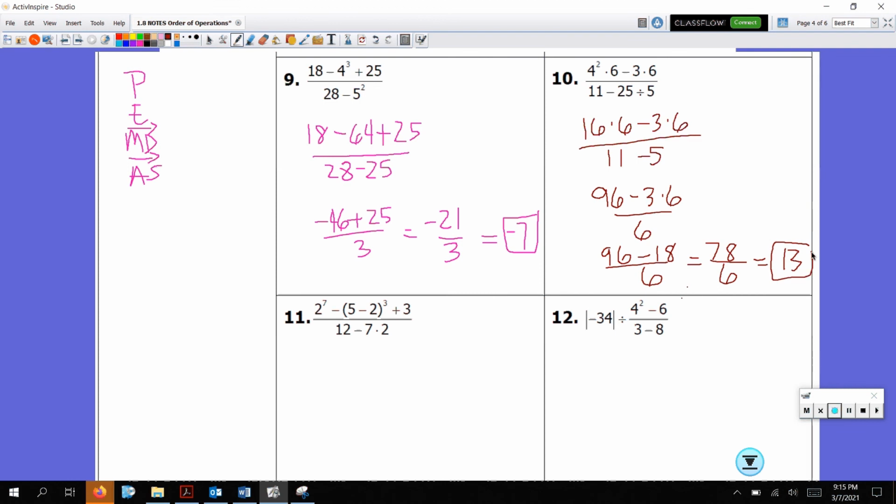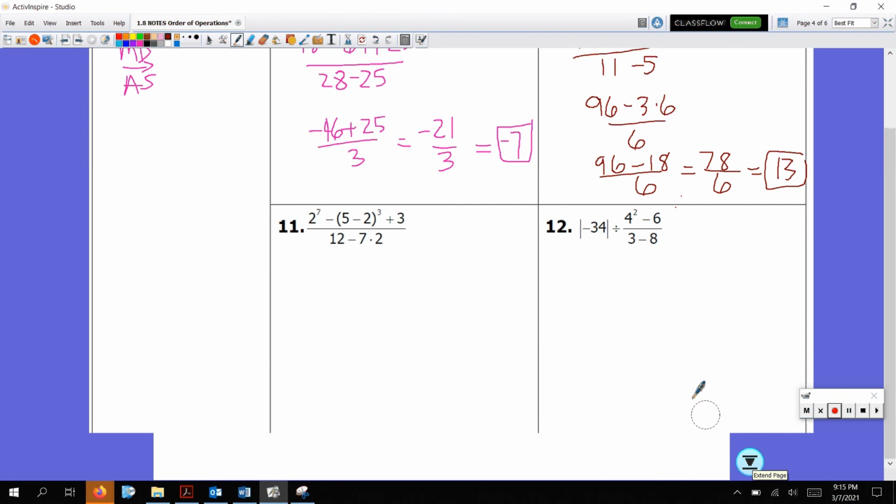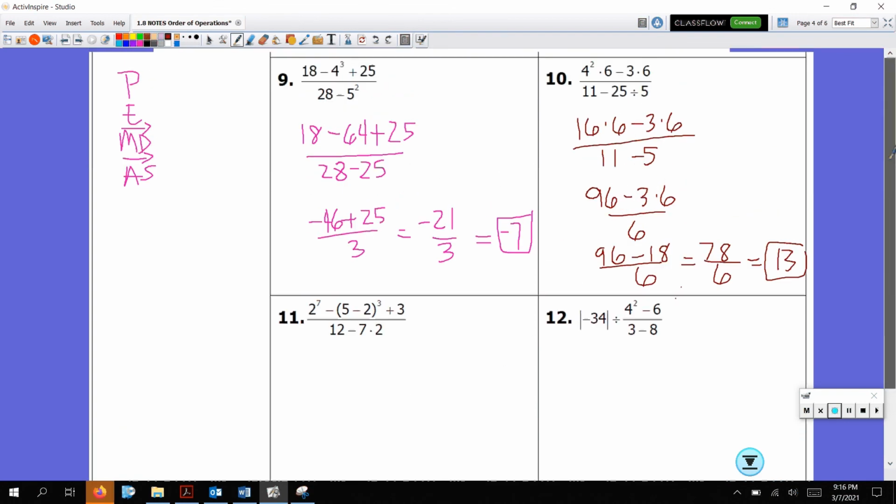All right, let's take a look. Now they're just going to get a little more beefier here, but let's copy these down so you can follow along. We're going to take care of the numerator first, then the denominator, step by step. Okay, remember, PEMDAS, so that means parentheses comes first. Inside these parentheses, I have 5 minus 2.